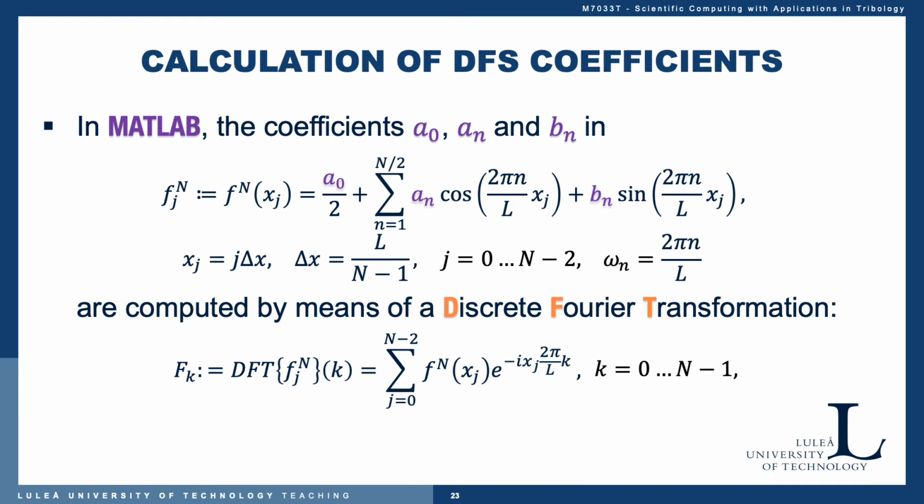F_k is defined to be the discrete Fourier transformation of f with n nodes evaluated at discrete frequency k, which means that we need to sum f_n of x_j times e to the power minus i x_j, and then the frequency omega_k, from j equals 0 to n minus 2.